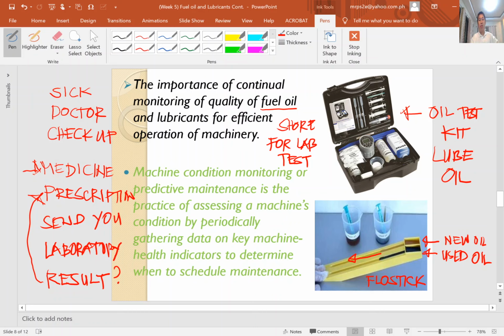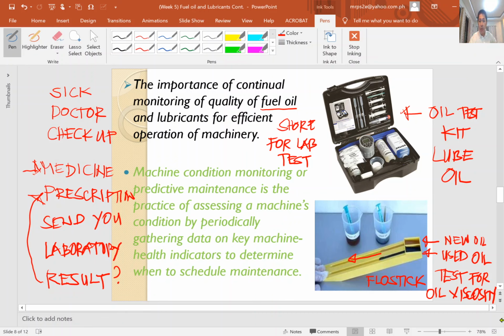So, test for oil viscosity. Why is this important?